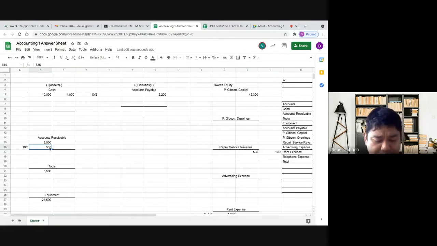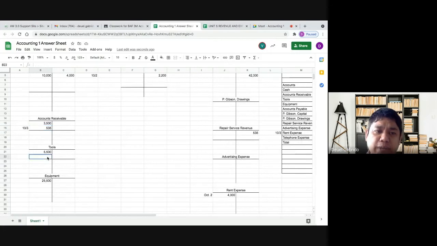All right? Okay, next, number 4. Purchased a new set of tools for 1,275 on credit from Tool Supply. So easy, guys. Additional tools were purchased, but on credit. On credit means we did not pay yet. So our tools will increase because that's an additional tool, 1,275.